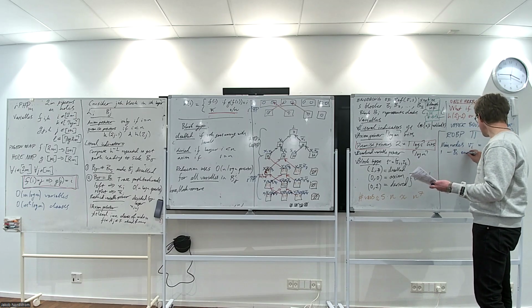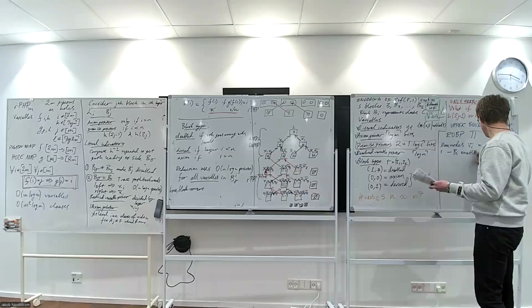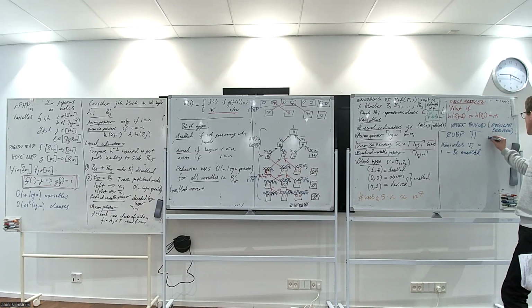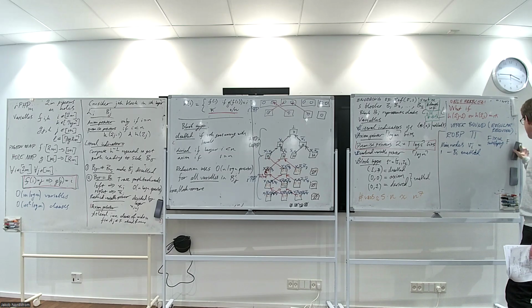vi is an enabled block. We're going to, again, fix an alpha satisfying f. Let me write alpha as the literals set to true, l1, l2, up to ln.